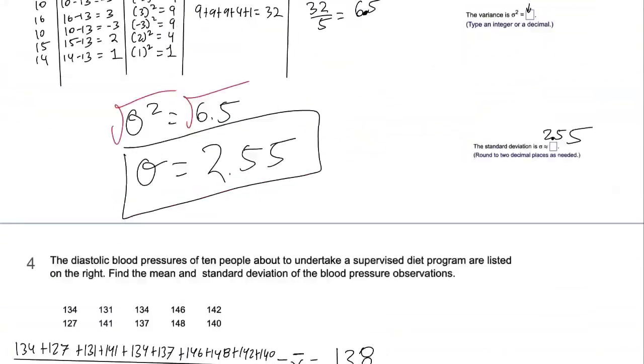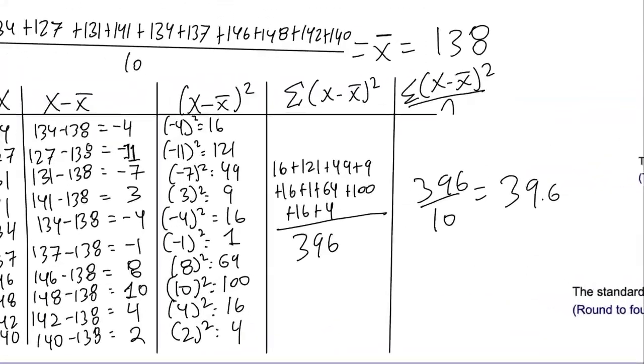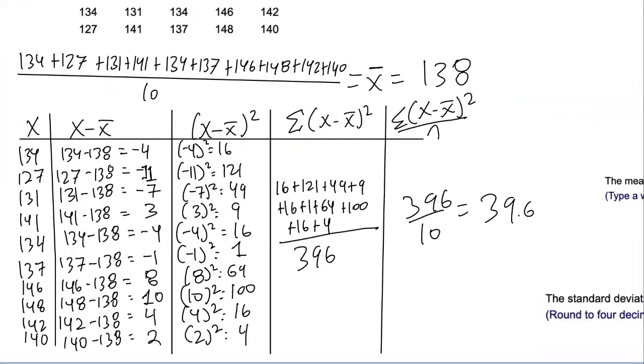Wait, is it 396? Yes, the sum is 396, and the average is 39.6 because we're dividing by how many numbers there are. So the variance is 39.6.